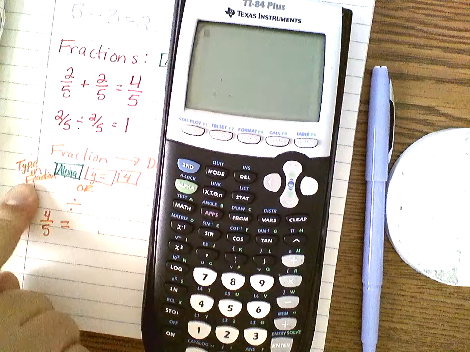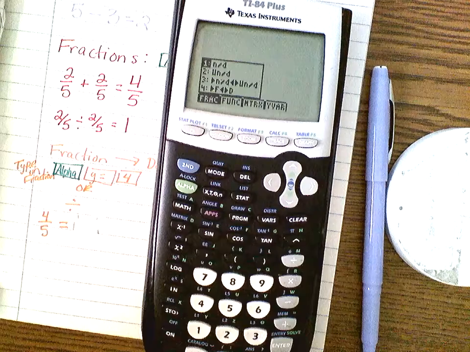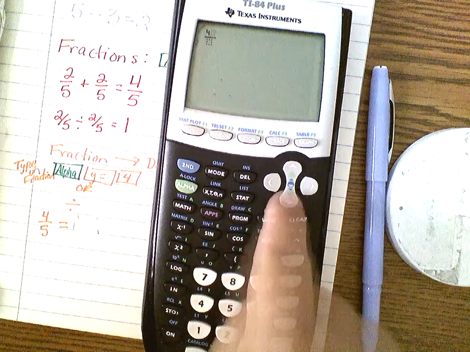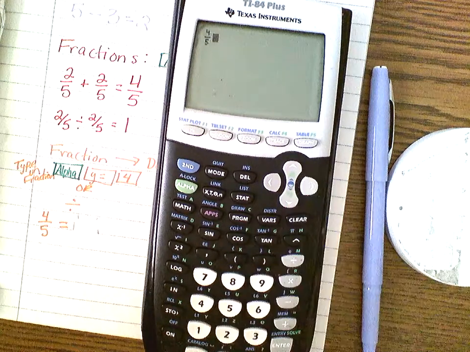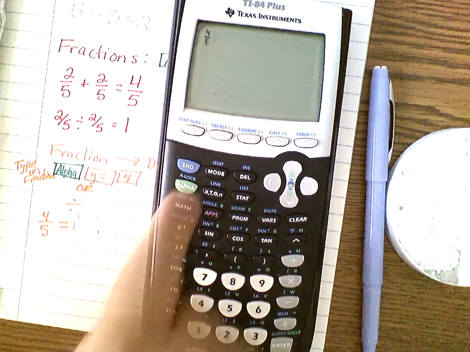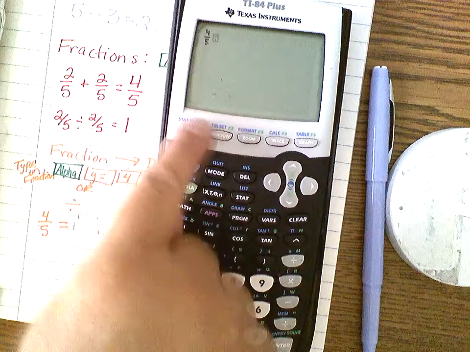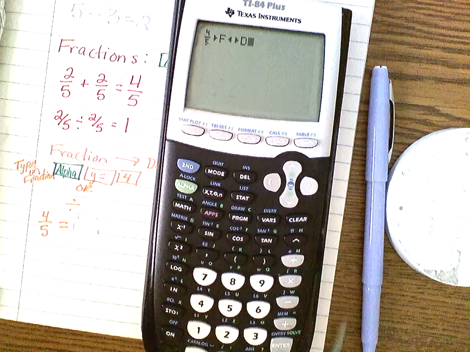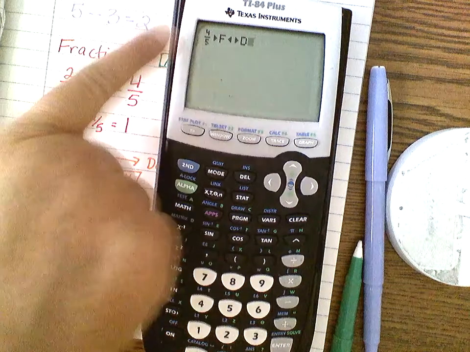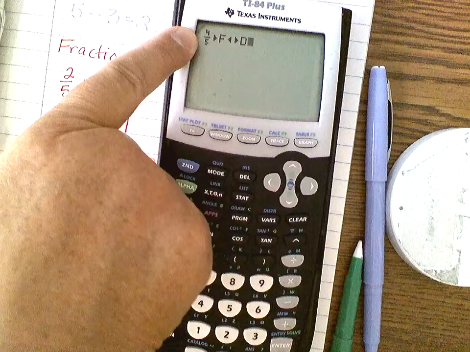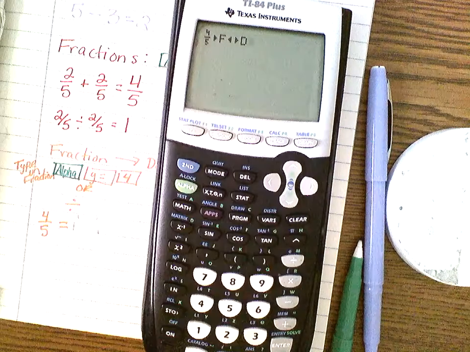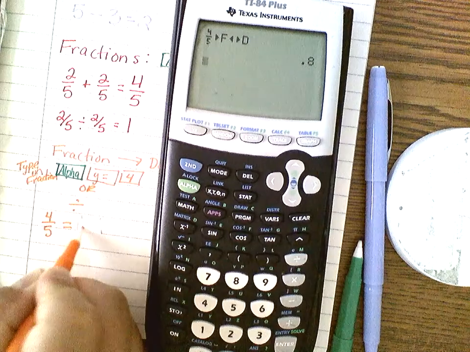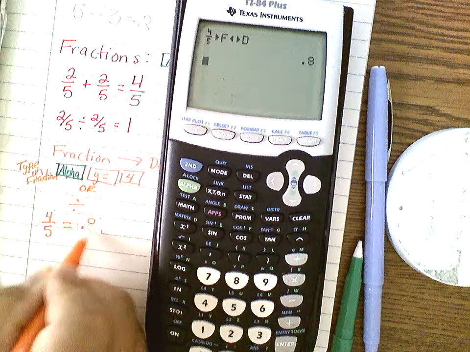So I'm going to type in my fraction, alpha y equals, enter. And I have 4/5 here, so 4/5. And then I'm going to go back to alpha, y equals again, and this time remember, fraction to decimal is the 4 button, number 4. So you can see in my calculator I have 4/5, and then it says fraction to decimal. So I press enter, and it gives me the decimal of 0.8.